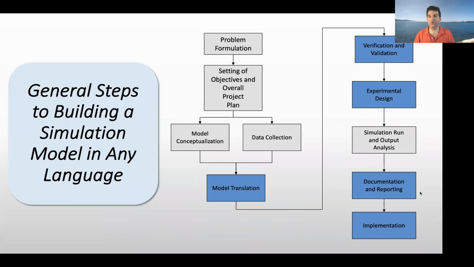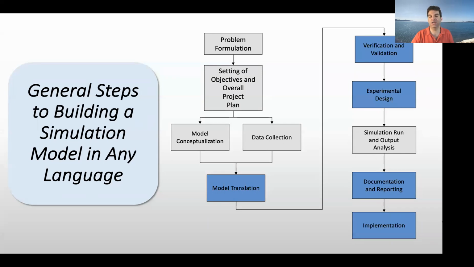And there are general processes that I'm hoping you saw being picked up here, from problem formulation to setting your objectives, to gathering data and conceptualizing your model, to turning your model into your first simulation model, to then trying to verify that your simulation model meets your conceptual model, and then validate that it actually looks like the real world, to then designing an experiment using your model as a surrogate for the real world, analyzing the output, reporting on that, and then maybe implementing out in the real world.